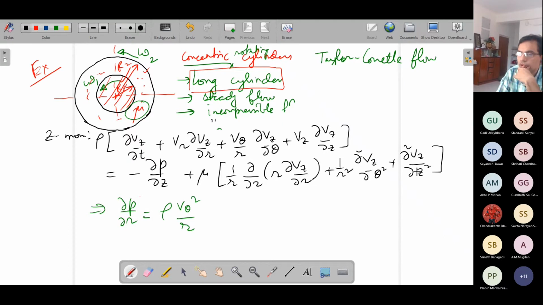Okay, so this equation we'll be able to simplify in a very straightforward manner. First of all, steady flow, then VR equal to 0.